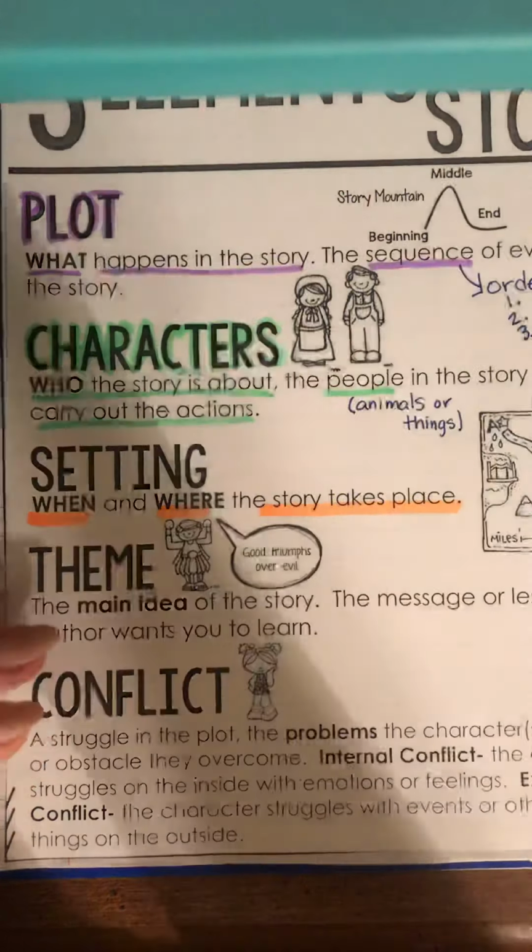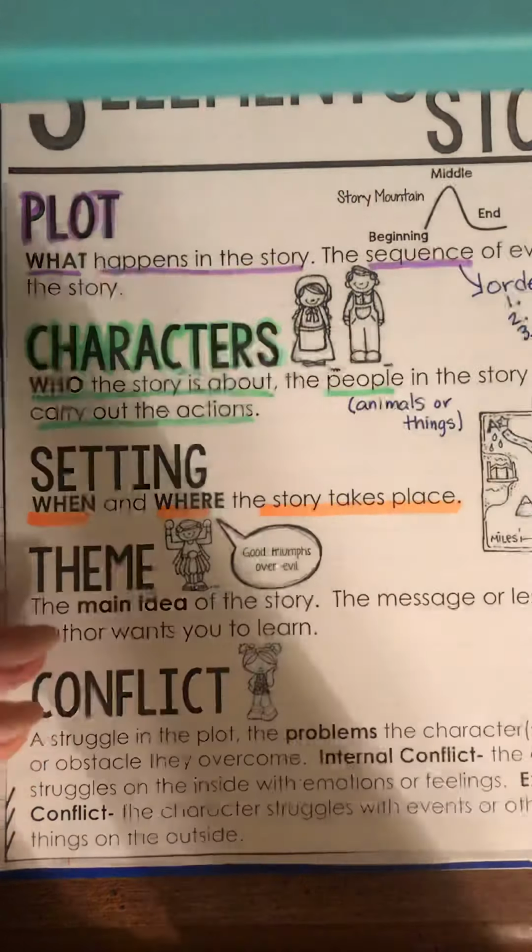So we've got our little example over here, and it's a guy kind of holding up his hands as he's won. He almost looks like a Roman gladiator. And it says, good triumphs over evil. That's a really great theme, good triumphs over evil. And I'm sure that if we were in class together, you would be able to give me some examples of stories where the theme would be good triumphs over evil.